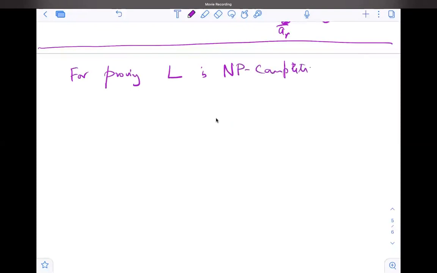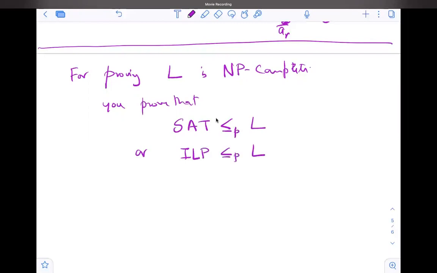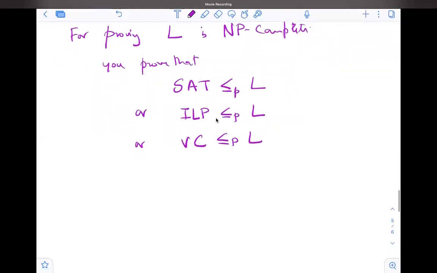You show that SAT reduces to L. Again, I'm repeating it: SAT reduces to L, or ILP reduces to L, or vertex cover reduces to L, and so on. So you start with SAT and reduce it, and you create an instance for L.